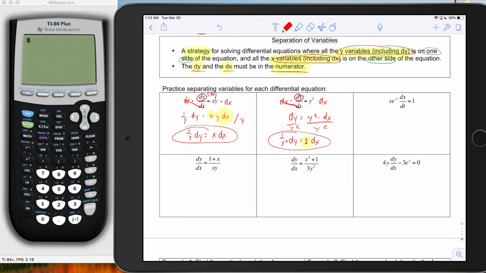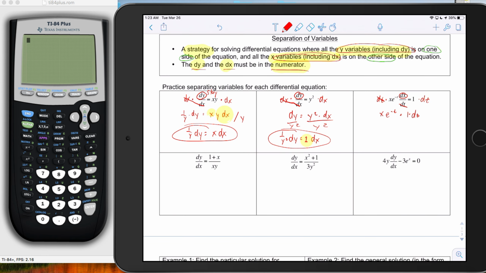Doing our next one, we got x e to the negative t times dx dt. So my dx is going to stay in this case. It's in the numerator. So let me kick out the dt right away. So I have x e to the negative t is equal to dt, d1 dt, which we don't need that 1, but that's fine. Now I'm going to rewrite this as x over e to the positive t.